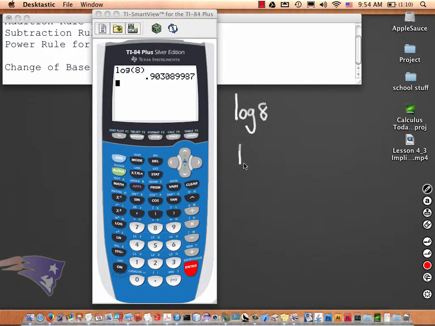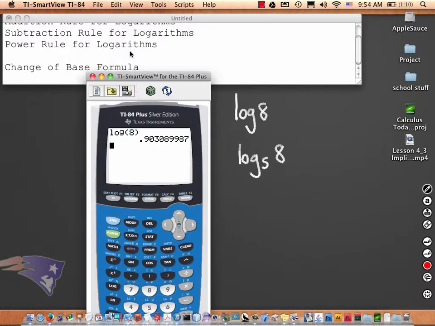Now, can you compute the logarithm base 5 of 8? Not easily. We don't know how to do it. There's a way to do it, and that's why you need the change of base formula.